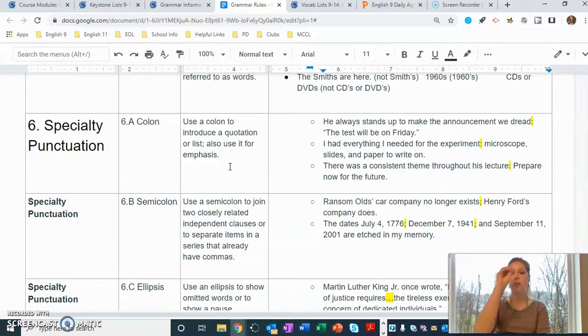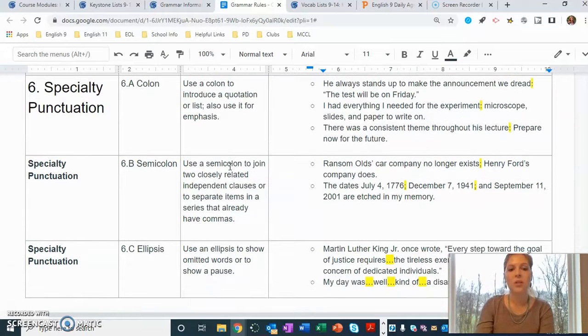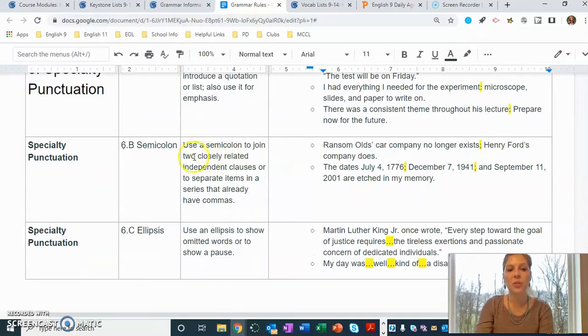Versus a semicolon, the dot and then the comma under it, you can use to join two closely related independent clauses. Those are two complete sentences. Or if you have a list of things that already has commas in it, like a list of 3 dates or 3 capitals of states, then you use a semicolon as a mega comma to separate them.